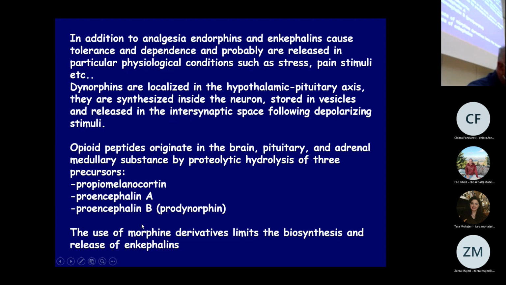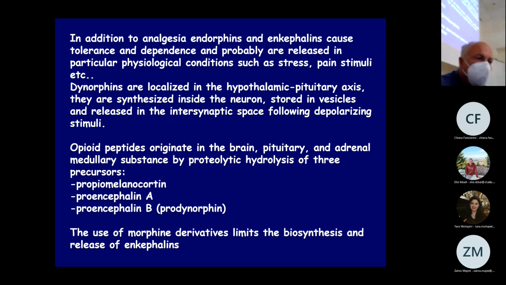But there is another important point here in the last line. The use of morphine derivatives limits the biosynthesis and release of enkephalins. This means that when you use this type of compound, morphine, you can have a limitation in the biosynthesis and the release of endogenous enkephalins.